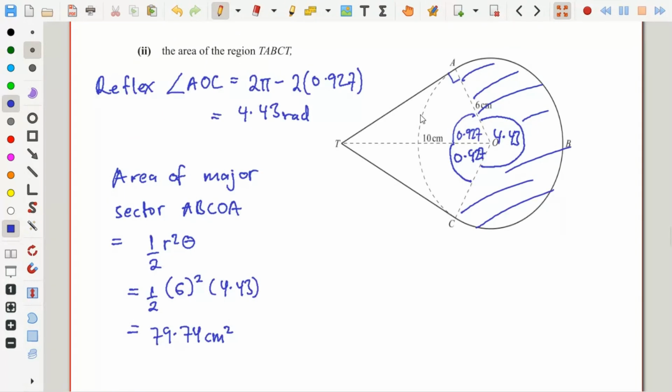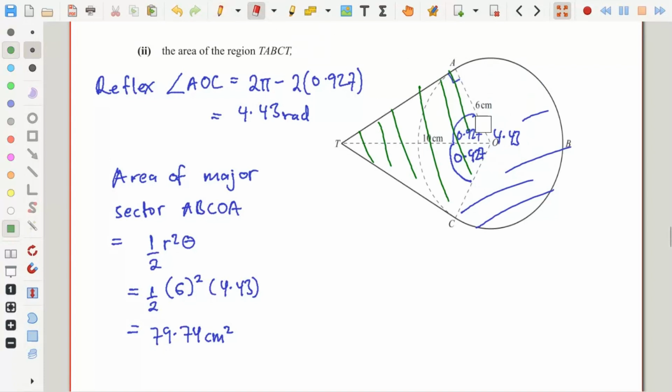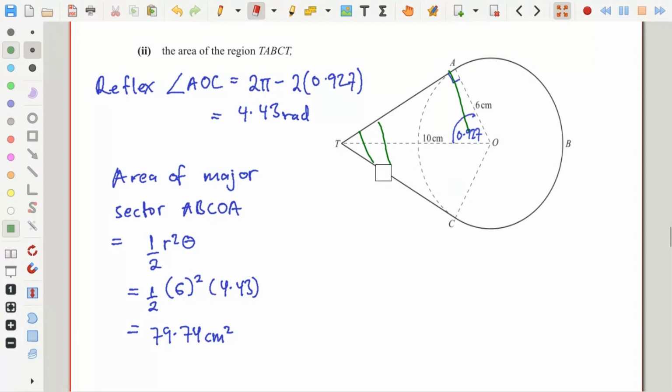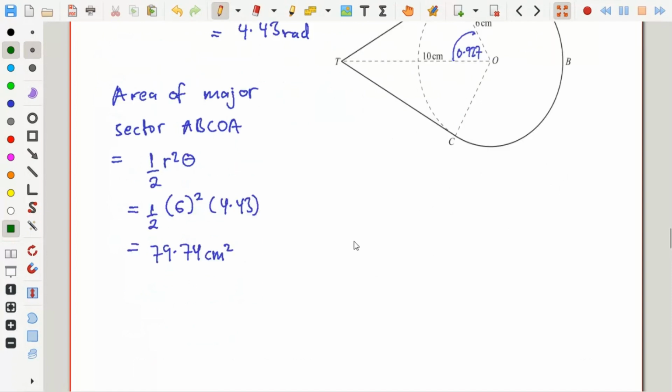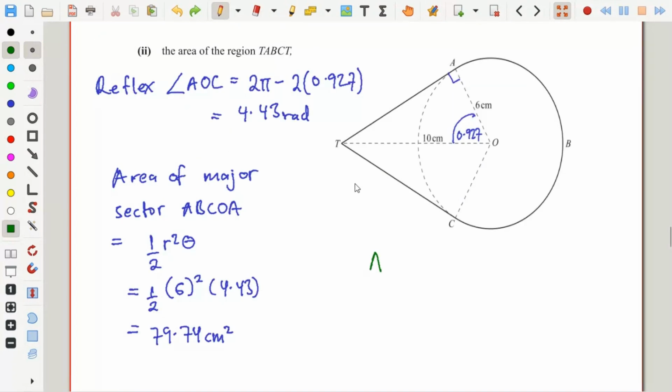Now let's come to the area of the kite. This one. What I can actually do is find the area of the triangle. It's a right angle triangle, right? So area of triangle.